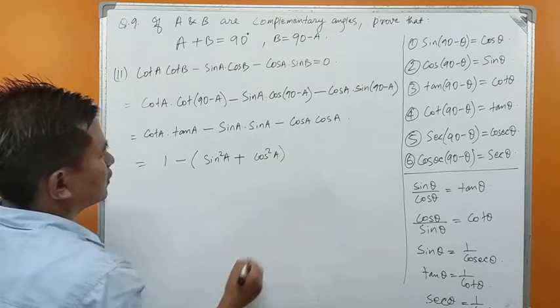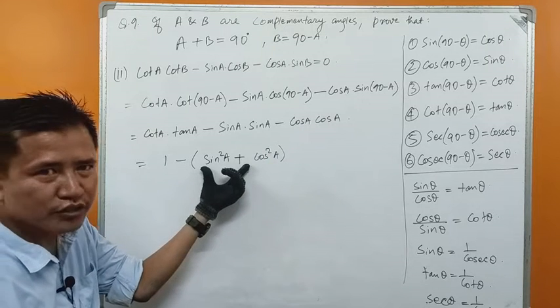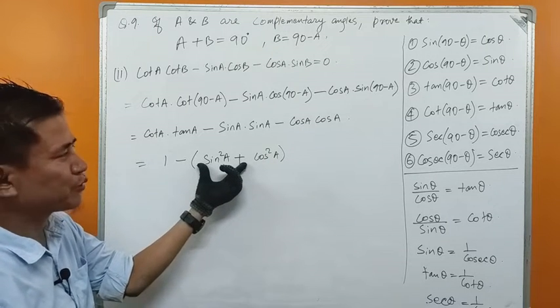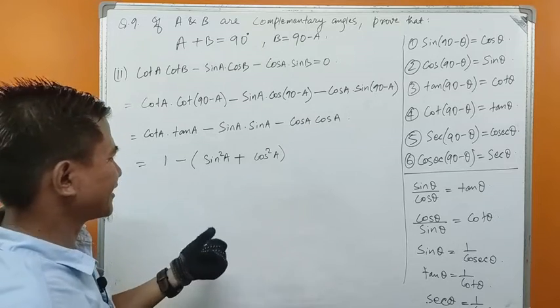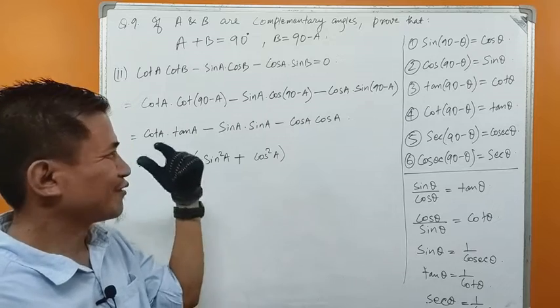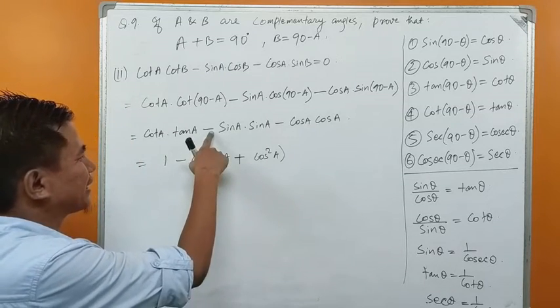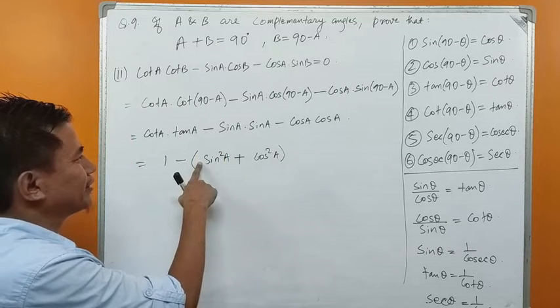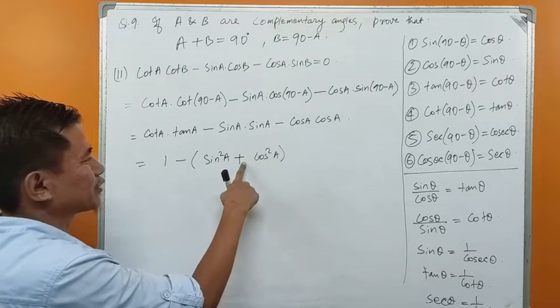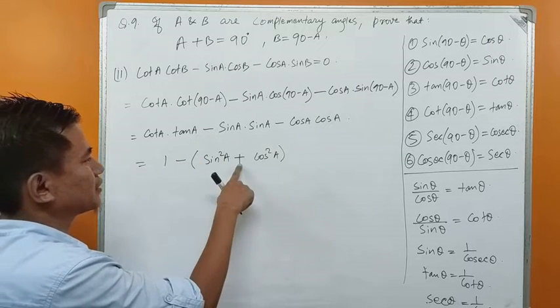Because I took the minus sign common, the numbers which are negative become positive, and the numbers which are positive become negative. So minus into plus, minus.